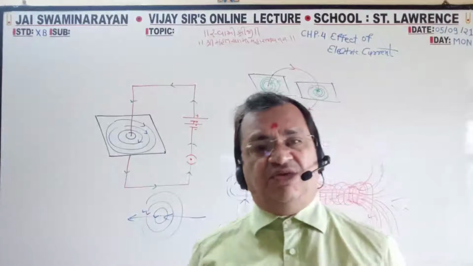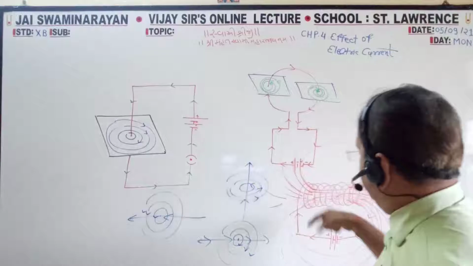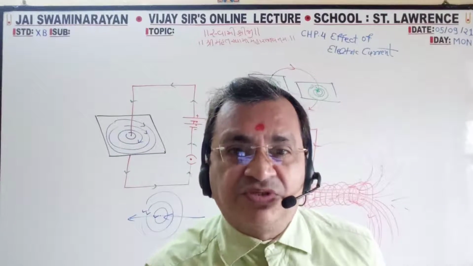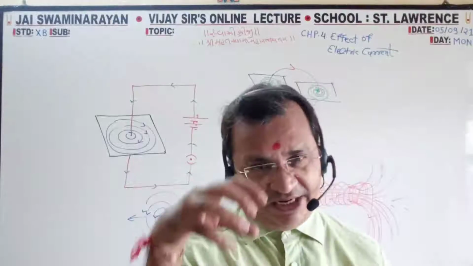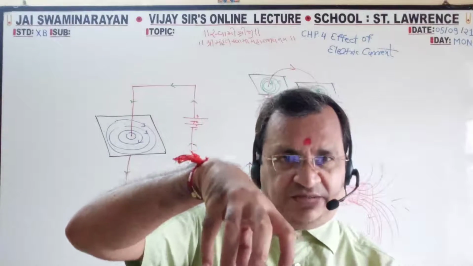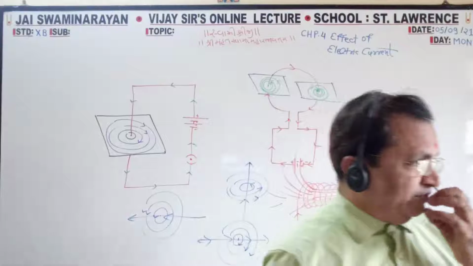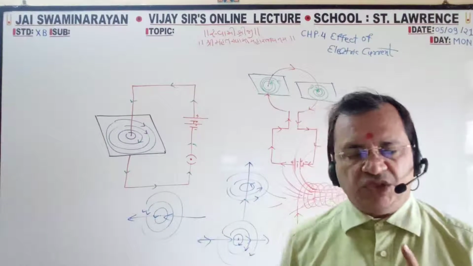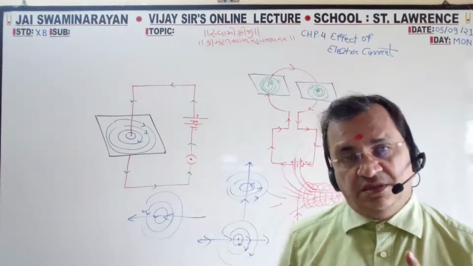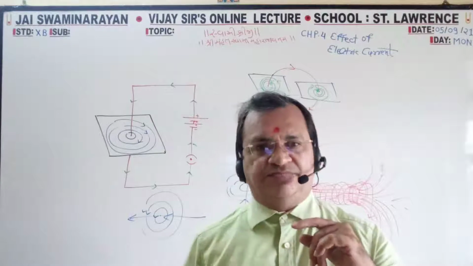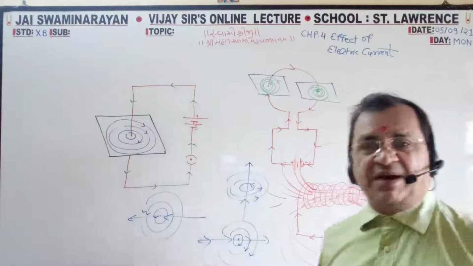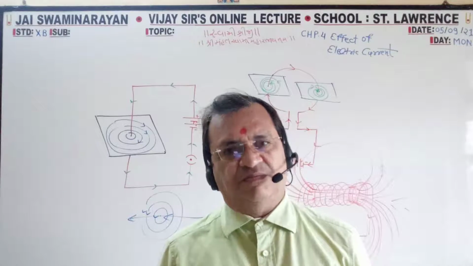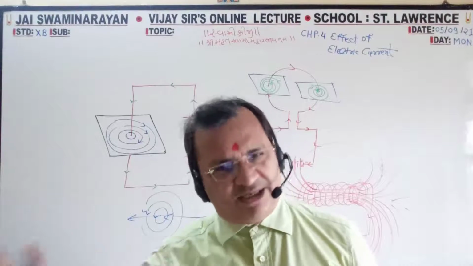So when we start the switch, we start the current. Electric current will flow, and there is a coil, a solenoid, in which the electric current will pass. Magnetic field will be produced, and there is one original magnet also there. So original magnet and produced magnet. What is the meaning of electromagnet? The magnet which is produced by electricity. Simple.